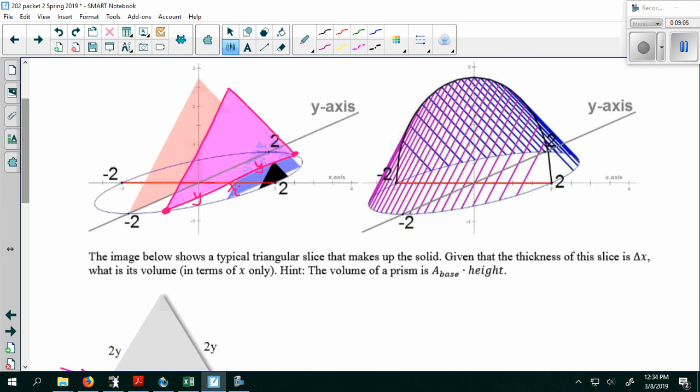So the whole triangle, it's equilateral. Every side has length 2y. And the thickness is delta x, because I am drawing this at a random x value. So when I make it a little bit thicker, that is a change in x.